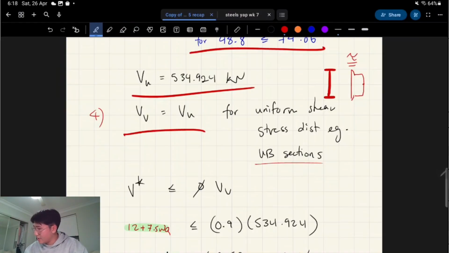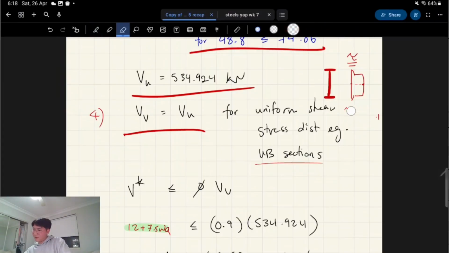What we're saying is that the max, which you can find in the neutral axis, over the average is going to be less than 1.1. That's the definition. But we just assume it for a universal beam, basically.